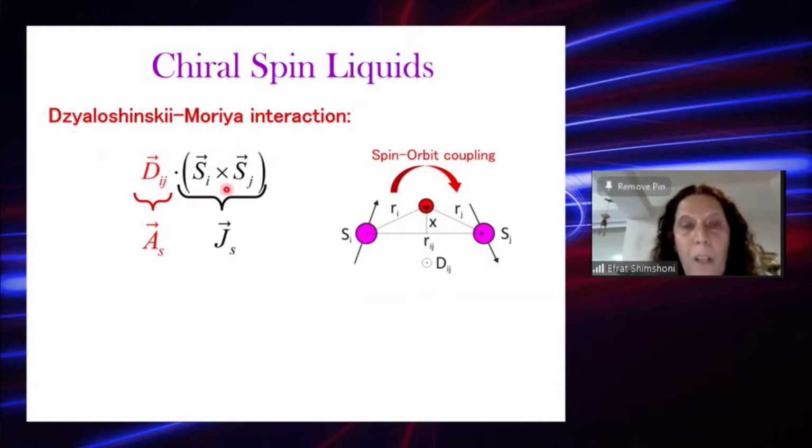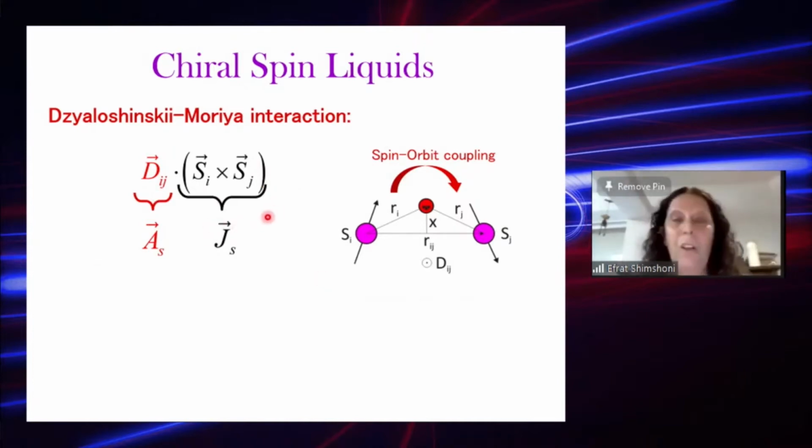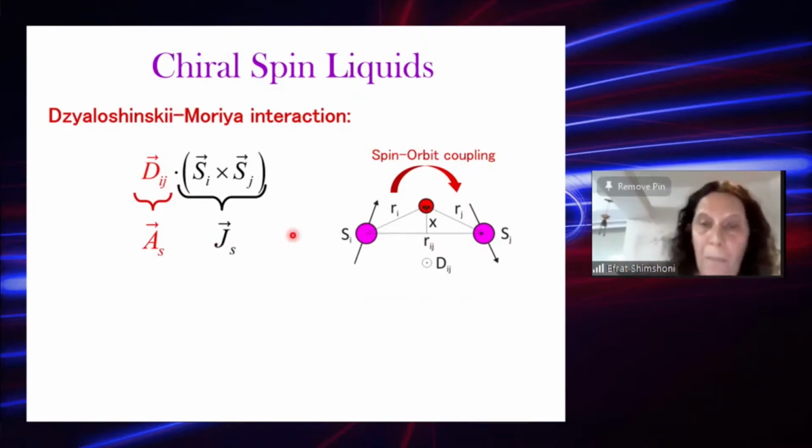This is its form, so there is some constant vector originating from spin, so this effect essentially originates from a spin orbit coupling, and since I already mentioned that this operator S cross S can be related to an analog of a current for spinons, therefore this D can be thought of as some kind of a vector potential, and in principle it can be engineered to have different values and create something that looks like a constant magnetic field.